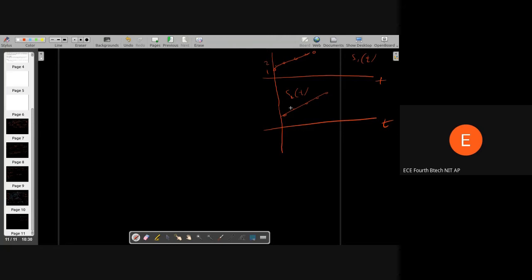Both have the same values: 1 2 3 4 5. Let's say this is S2T, this is S1T. It does not matter which way you put it.